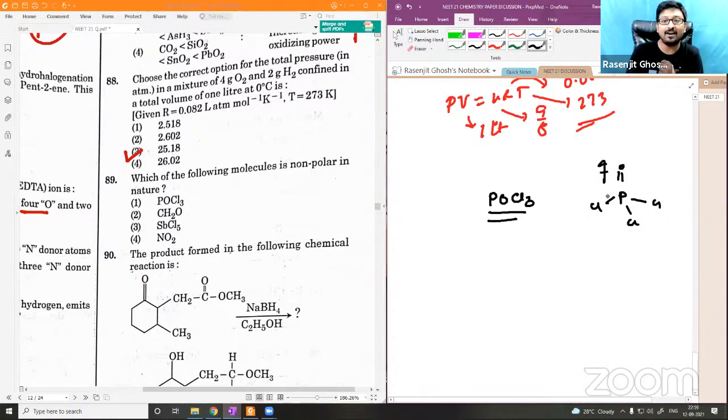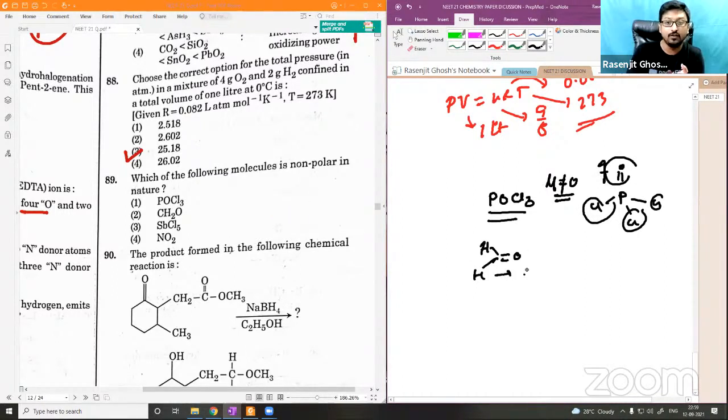Definitely this will have a good dipole moment because there is one heteroatom in one direction and two heteroatoms in a different direction, so mu will not be equal to 0. It will be a polar molecule. CH2O is formaldehyde, and definitely formaldehyde is a very good polar molecule. For formaldehyde, mu is also not equal to 0.